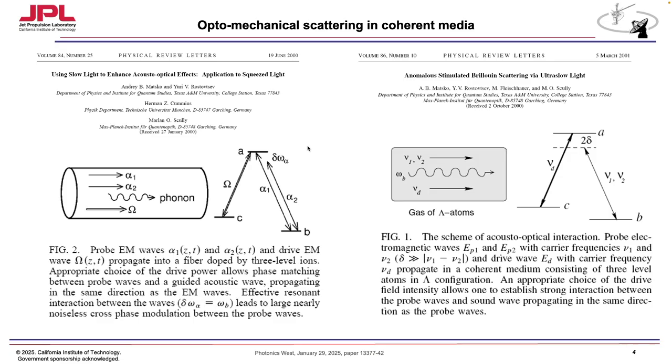After we published it in PRL, we got a comment saying, no, it cannot be, Brillouin scattering always happens backward, and it is always defined by the material properties.